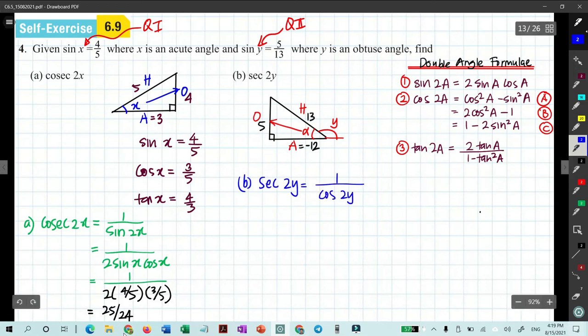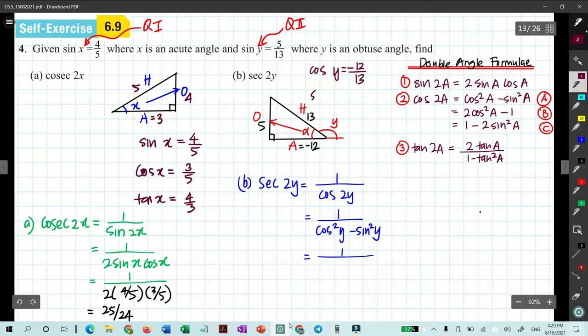So for B, secant 2y is equal to 1 over cos 2y, and it's equal to 1 over, you have 3 options, so you can choose any of these 3 options. Let's say I choose the first one, cos square y minus sine square y. Cos y is negative 12 over 13, and sine y is 5 over 13.